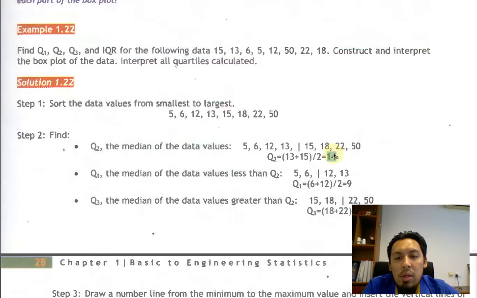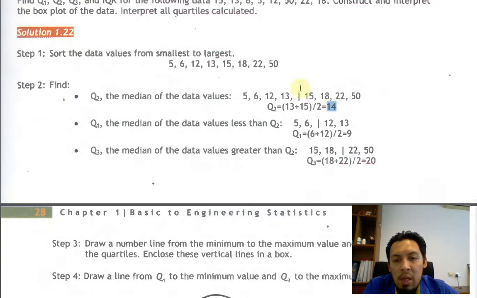The way they find it out is they sort it, and then they find the middle point. This Q2 is actually equal to the median, so it is the same as finding the median. You find the median of this value, you get 14 as the median, or Q2.